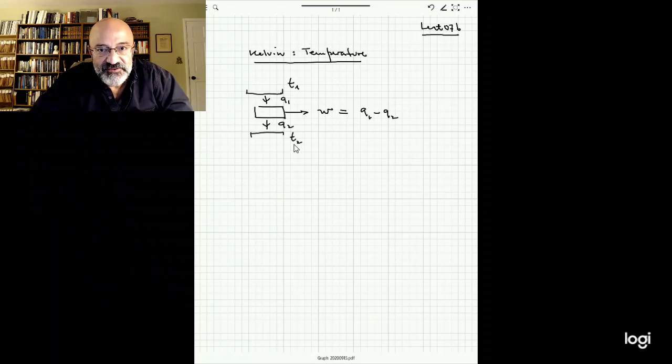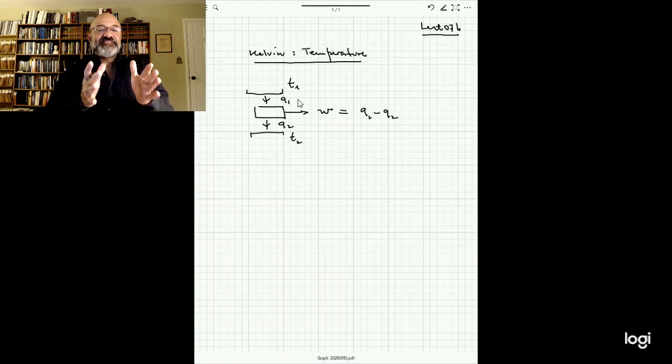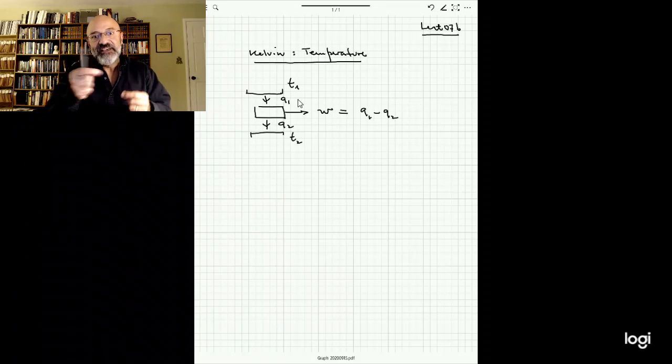irrelevant. You could use a mercury thermometer, or an ideal gas thermometer, or the resistance of a piece of wire when you send a current through it. All these numbers not only depend on the thermometric substance that you're using, but they also depend on how you calibrate your scales.